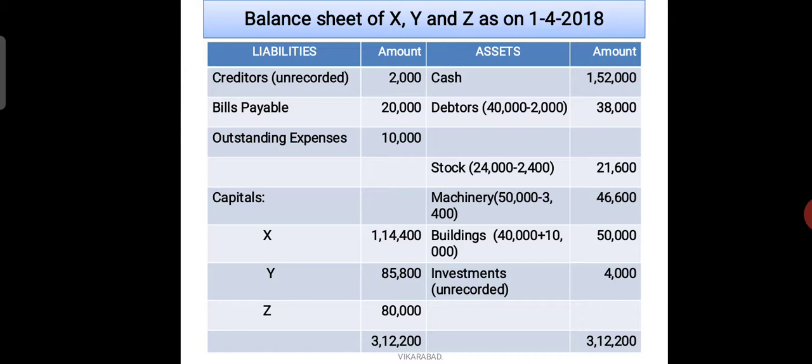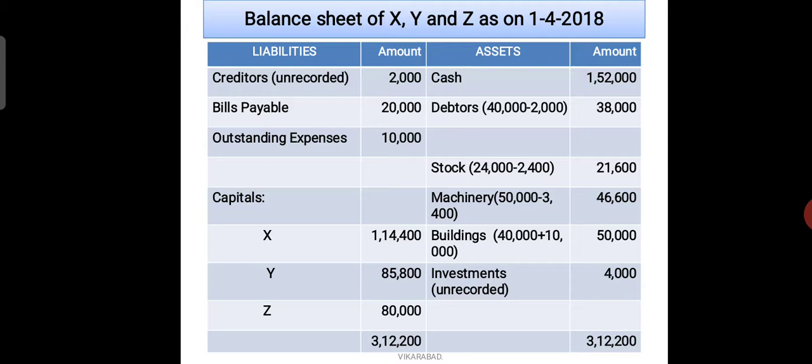After completion of working notes, you write journal entries. Whatever entries you require, you write those journal entries. After that, you prepare necessary ledger accounts, not all accounts, only to the extent of the ledger accounts we require. And the closing balances of ledger accounts we show in the new balance sheet.